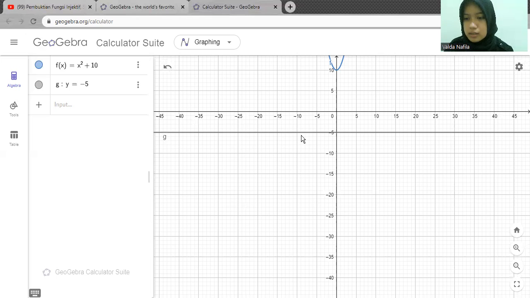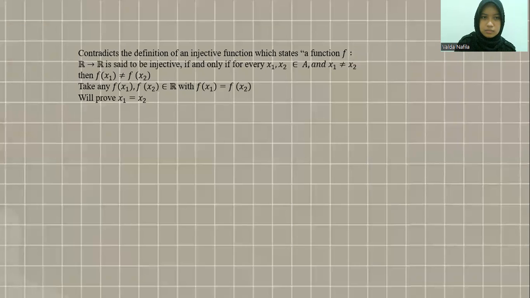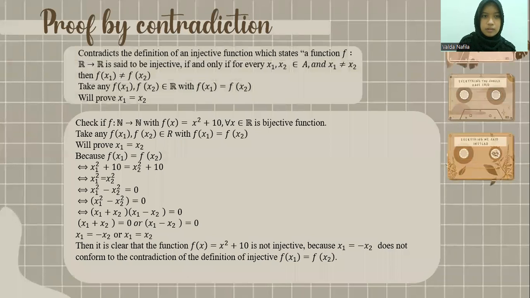Okay. Now let's prove it with algebra. To prove injective function, I prove it with contradiction.